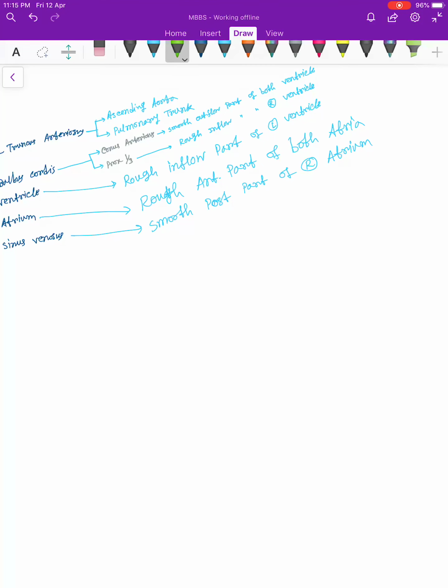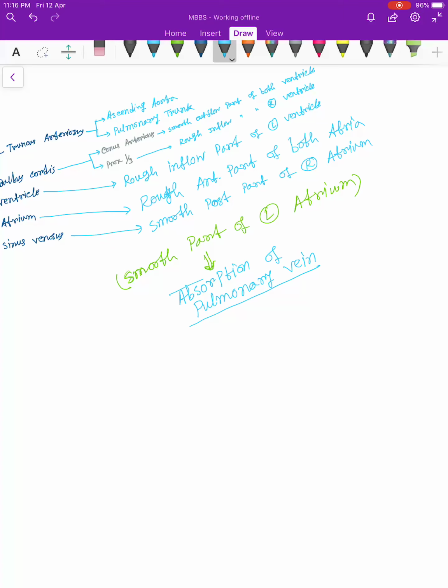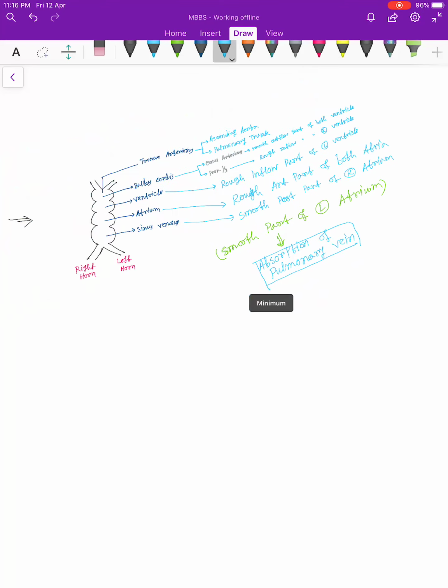So now the smooth part of left atrium is developed by absorption of pulmonary vein. Please remember this, guys. This is developed from absorption of pulmonary vein.